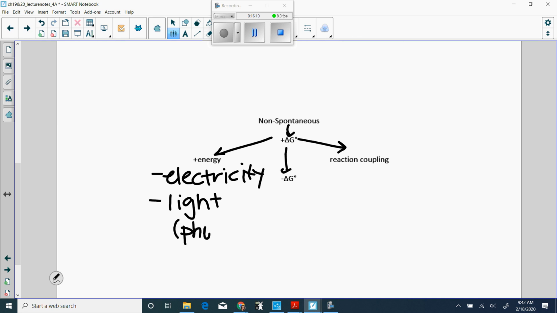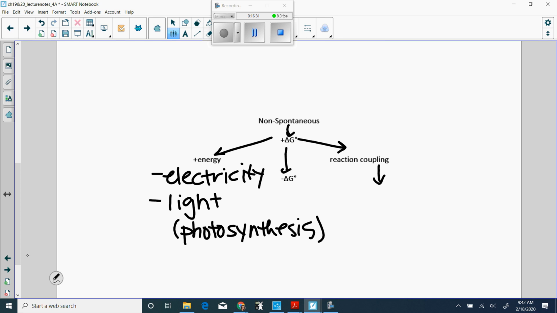Photosynthesis is a non-spontaneous reaction if it's not in the sun. A plant does not grow in the dark. It will not produce oxygen. The sun forces, those are real words, driving, it drives the reaction.